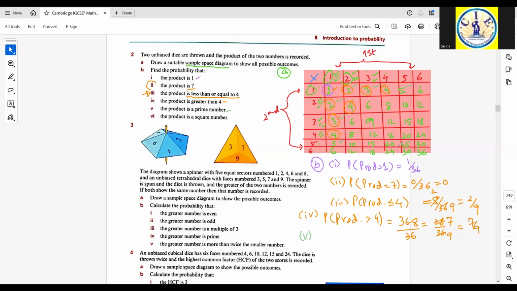Okay, 6 times it is that we are getting a prime number. So 6 by 36. Simplifying it, 6 ones are 6 and 6 sixes are 36. You get 1 by 6. That is the probability that the product is a prime number.